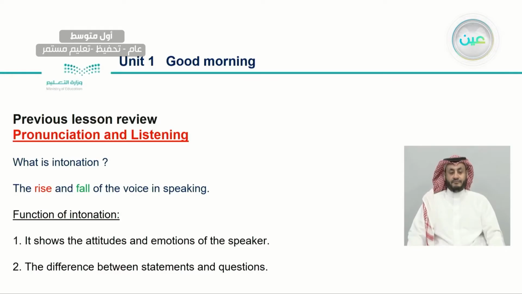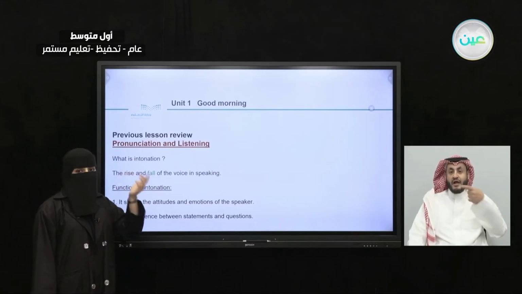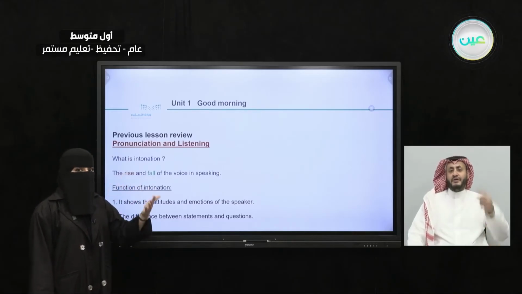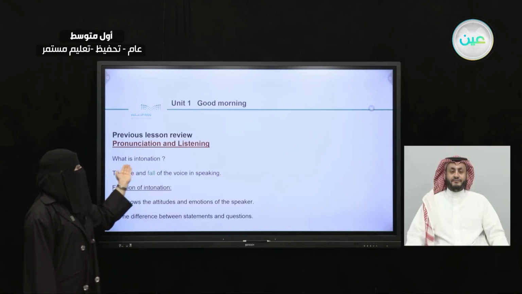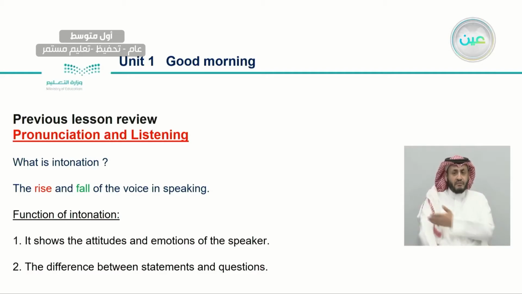Previous lesson review. In the previous lesson, we talked about pronunciation and listening, right? It's part of learning English. What is intonation? The rise and fall of the voice in speaking. And we said the function of intonation is, number one, it shows the attitudes and emotions of the speaker.